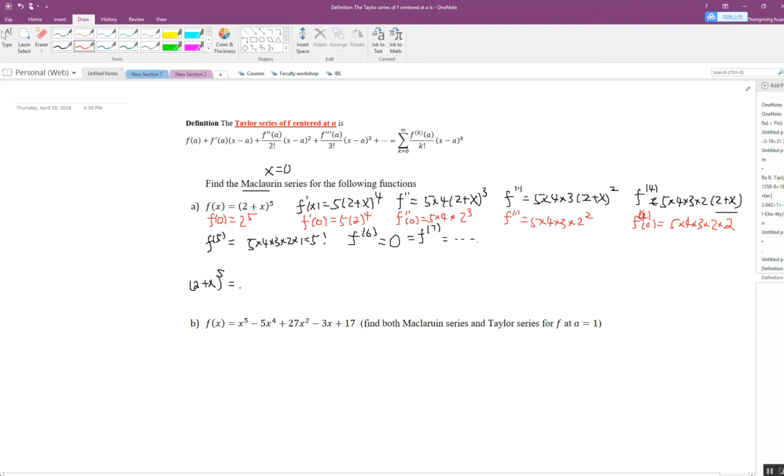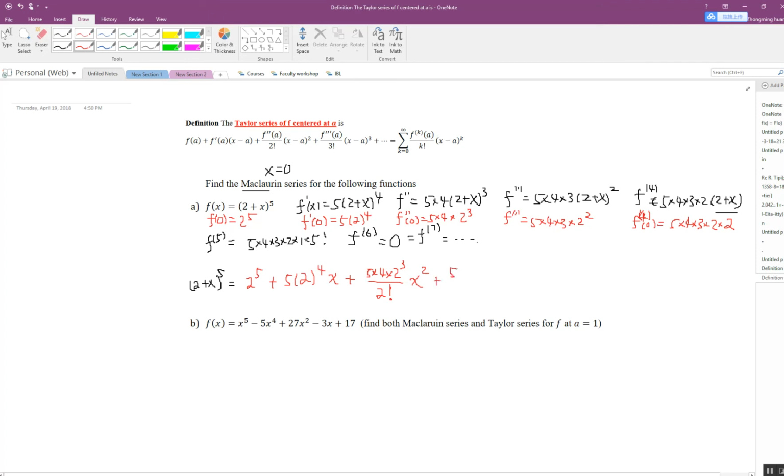So with that, the first term will be 2 to the power 5. The second term will be f prime of 0, which is 5 times 2 to the power 4, times x raised to power 1, right? The next term will be 5 times 4 times 2 cubed over 2 factorial, x squared.